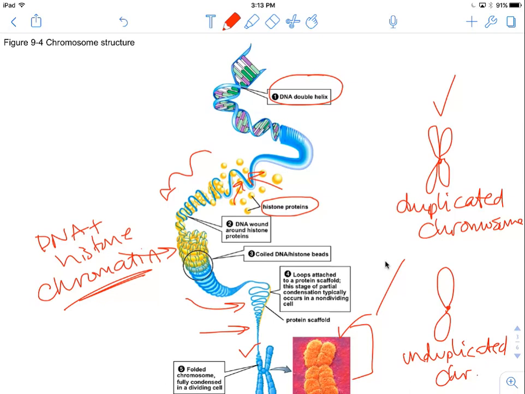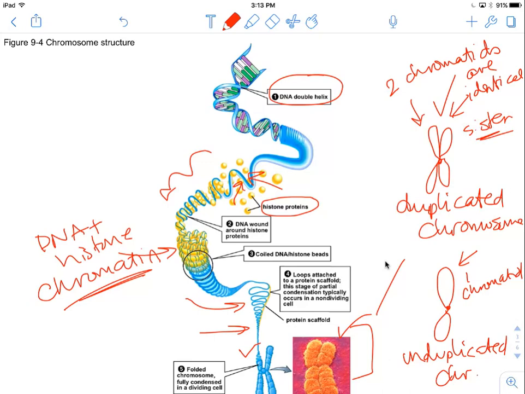This chromosome here has one chromatid. This chromosome here has two chromatids. And because it replicated itself and made an exact copy, the chromatids are identical. And we call them sister chromatids.